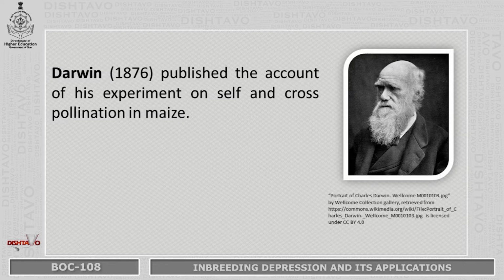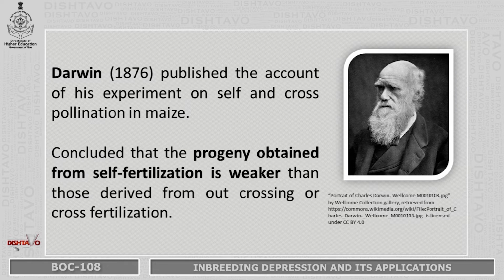It was Darwin who published the account of his experiment on self and cross-pollination in maize. He concluded that the progeny obtained from self-fertilization is weaker than those derived from outcrossing or cross-fertilization.